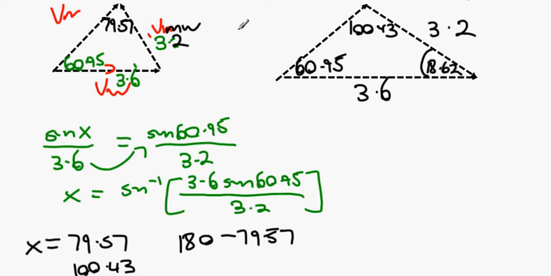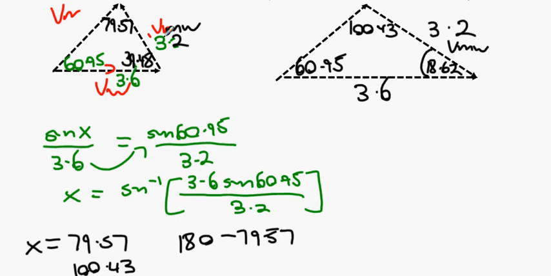Okay, and remember this is the velocity of man in water angle, and then on this one it's going to be 180 minus 60.95 minus 79.57, and what we get this time is 39.48.